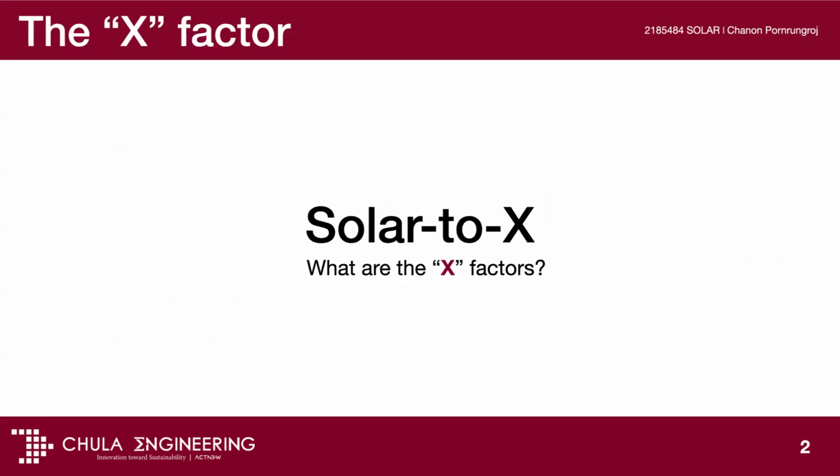And the X factors, so let's start the class by thinking about what could be the X factor. So let's hear from everyone. What do you think could be the X factor for this? What can solar make?